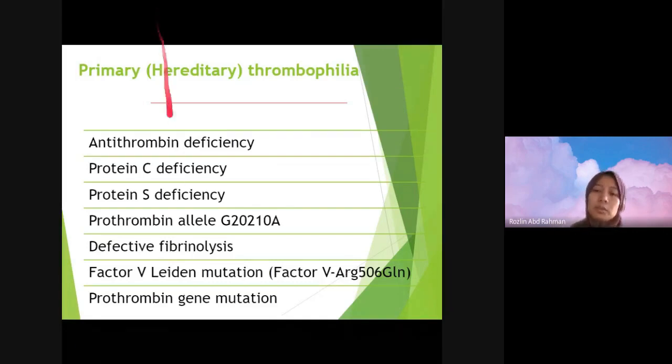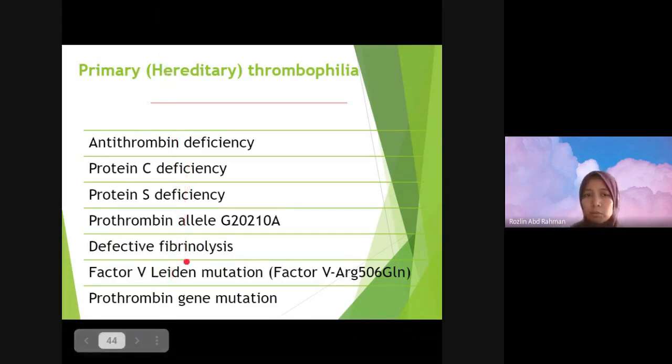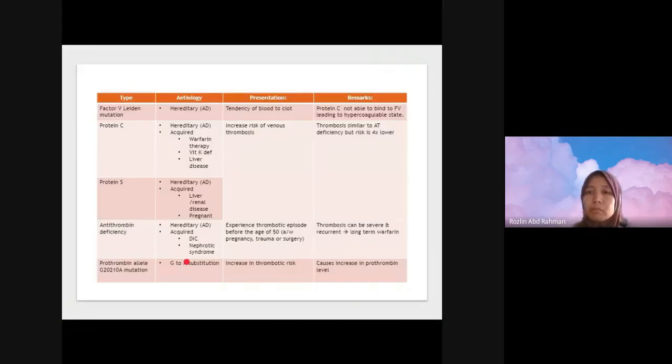Okay, so these are some of the hereditary thrombophilia lah. Okay, selalunya because of dia ada prothrombin, dia ada gene mutation that predispose them to have this thrombosis. This is just some of the summary of what causes this deficiency and lead to thrombosis and how they present.